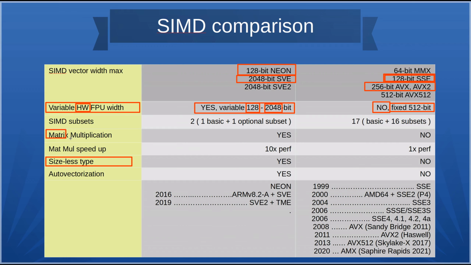And also matrix multiplication here. This is a huge thing. This is like going from scalar to vectors. This is like adding another dimension. And according to Intel, matrix multiplication speedup brings up to 10 times more performance. This is really a huge benefit.